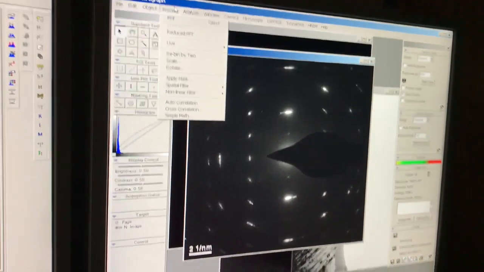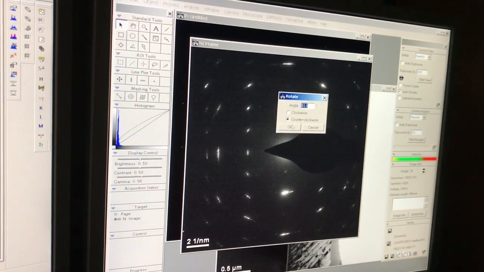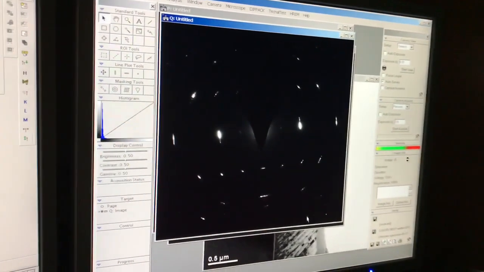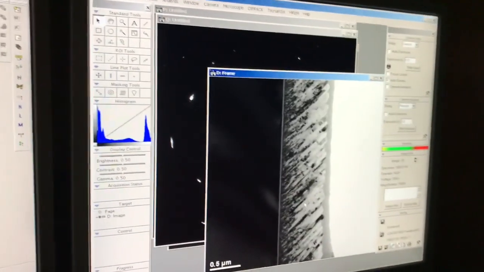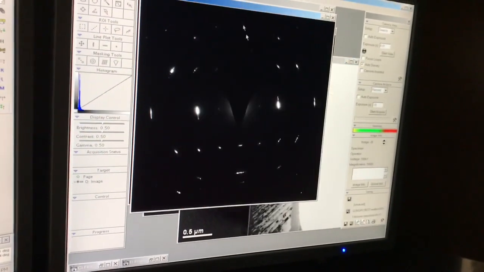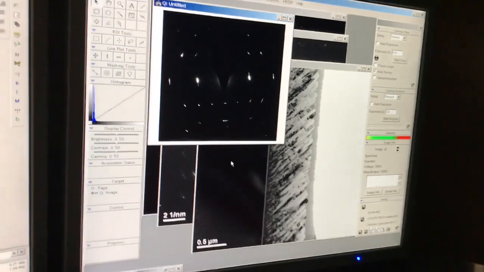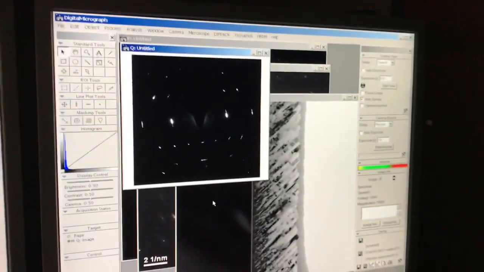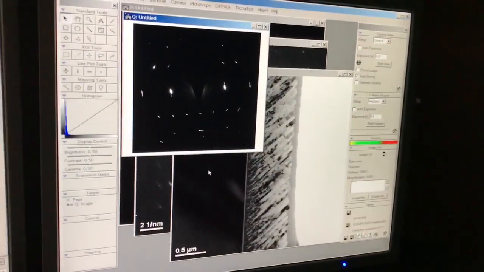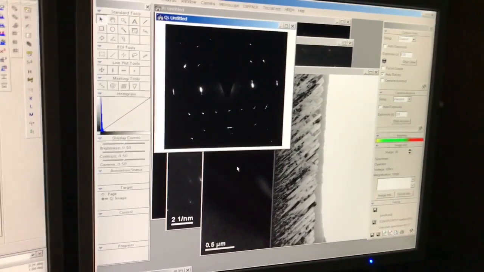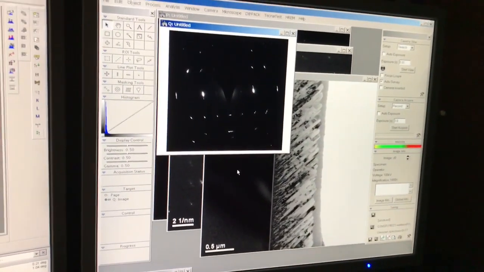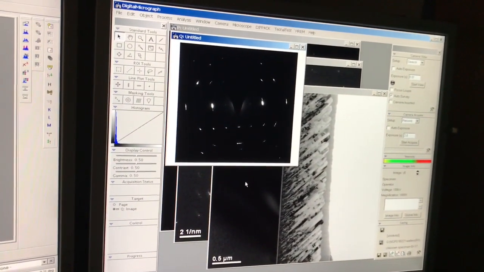All I have to do, again, I rotate counterclockwise 93 degrees, and so I see now the parallelism here. Let's see if it'll let me, yeah, I can resize it. But this is establishing the correct relationship between the diffraction pattern and the image.